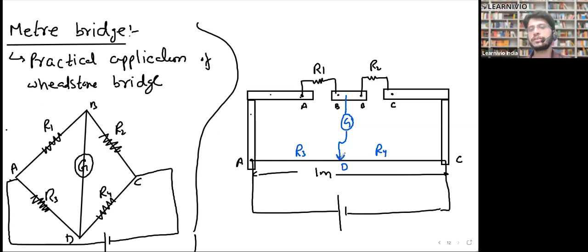We will see how we decide what point D is. This is the meter bridge now. Instead of wires, you are using thick copper strips. You're taking a wire AC, 1 meter long. A portion of this 1 meter long wire will behave as R3. Another portion will behave as R4. And there is one galvanometer in between B and D. This is it. Just note it down.